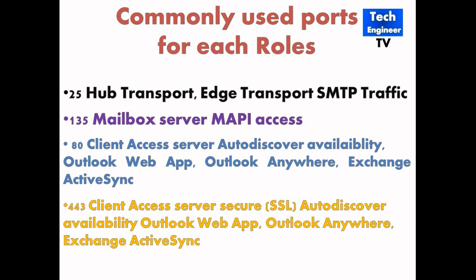Port 443 is for client access server secure SSL, auto discovery, Outlook Web App, Outlook Anywhere, and Exchange ActiveSync. So these four are the most commonly used port numbers, which we need to make sure are configured in the hardware firewall.